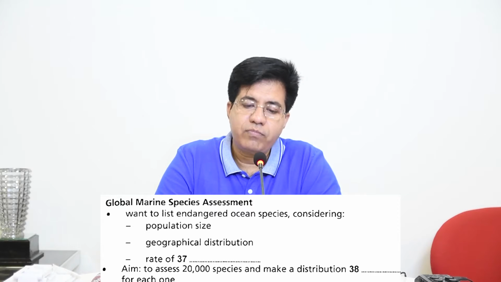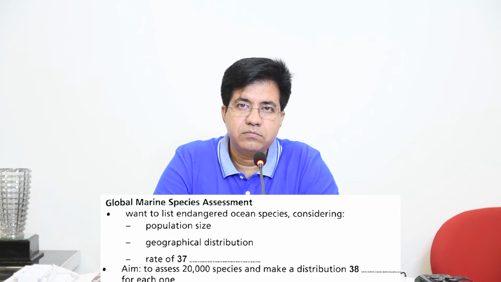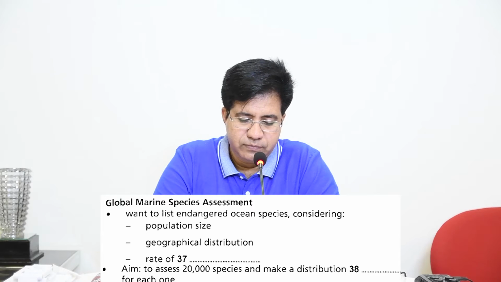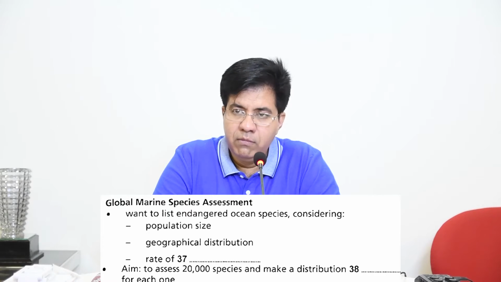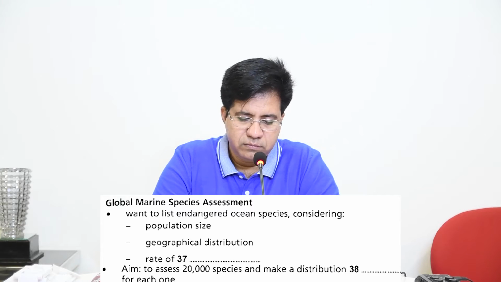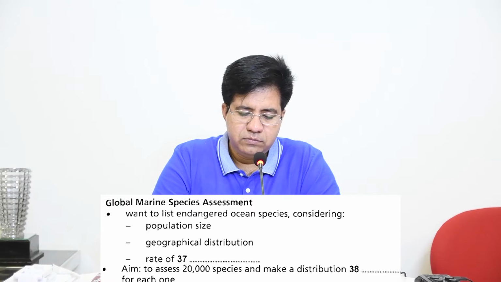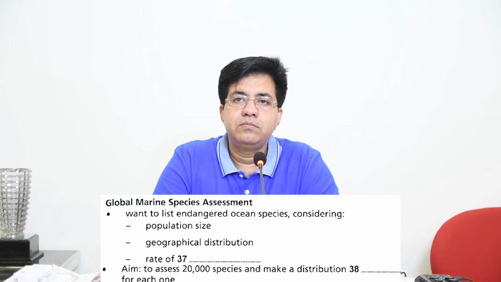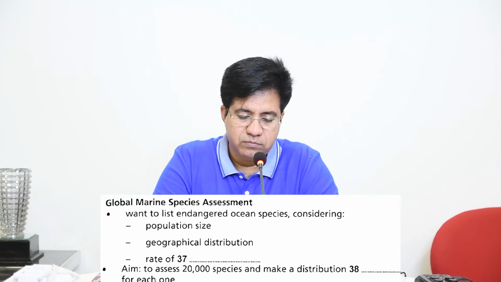However, biologists still don't know how serious the threat to their survival is for each individual species. So a body called the Global Marine Species Assessment is now creating a list of endangered species on land, so they consider things like the size of the population, how many members of one species there are in a particular place, and then they look at their distribution in geographical terms, although this is quite difficult when you're looking at fish because they're so mobile.